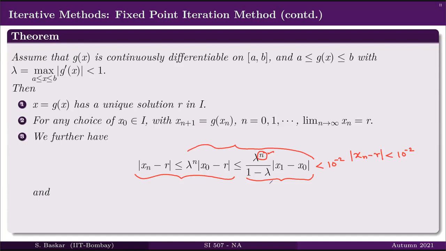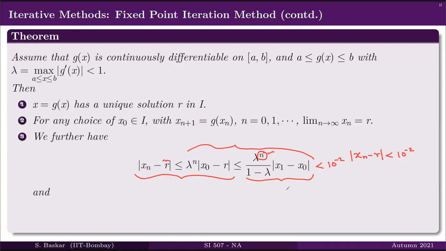Because of that property in the bisection method, we got an estimate from where we could compute the number of iterations needed without the knowledge of R, as well as without going for an explicit calculation of the iterations, right? The same luxury is again coming into the fixed point iteration method. And in that sense, this inequality is very important. You should keep it in mind.